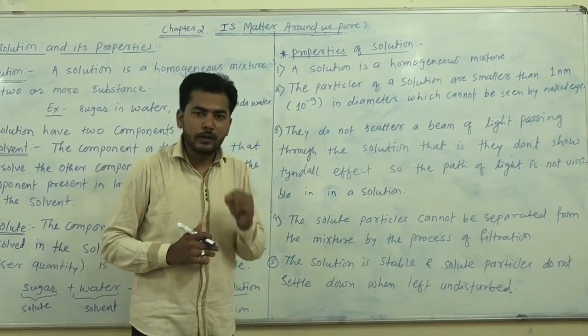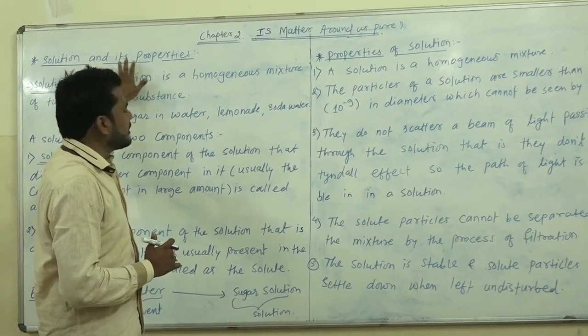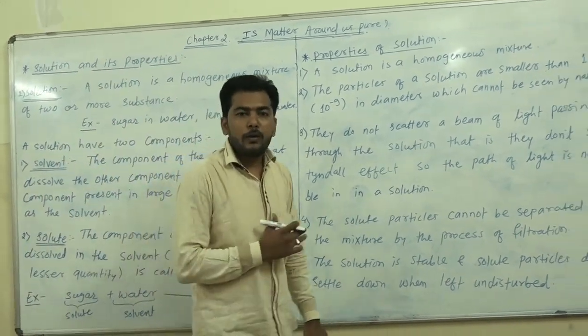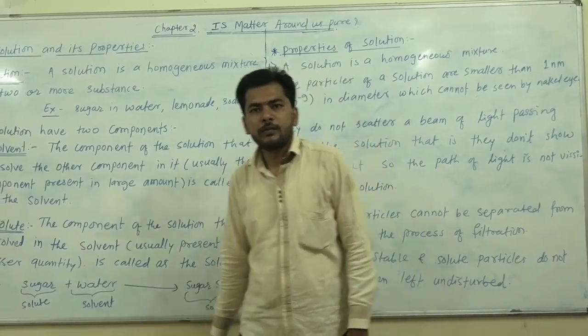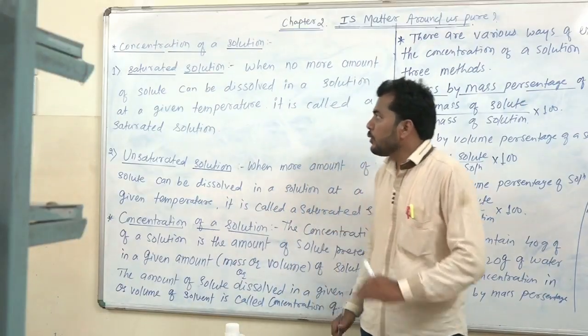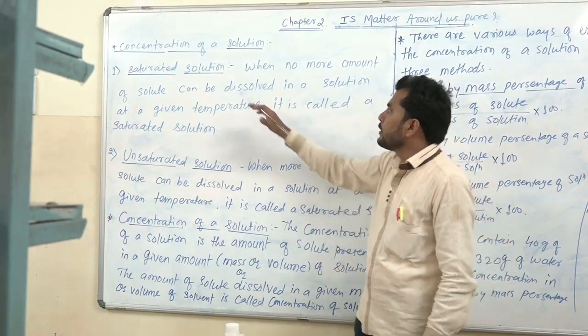I hope that you understood about solution and its properties. Now in part third we will see dilute solution. So first we will see saturated solution. What is a saturated solution?